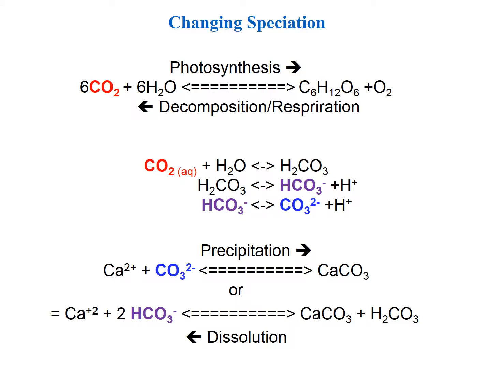But it doesn't really matter whether it's carbonate ion or bicarbonate, we're adding to the ocean stuff that's on the right-hand side of these equations at the top. Okay? Or taking out.